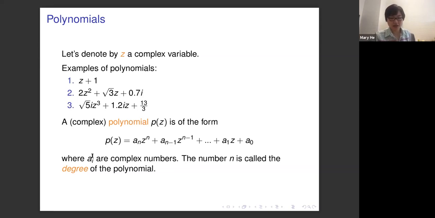And these a_i are called coefficients, and they are complex numbers. And this number n, which is the largest power of z, is called the degree of the polynomial. So our first example is a degree 1 polynomial, and the second example is a degree 2 polynomial, and the third example is a degree 3 complex polynomial.